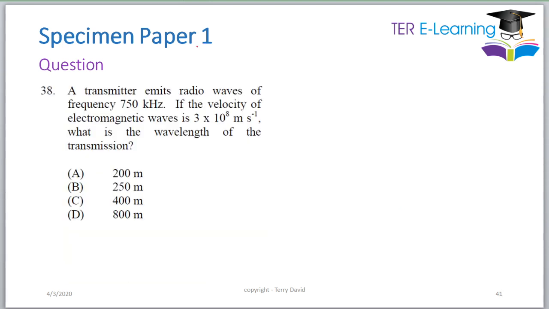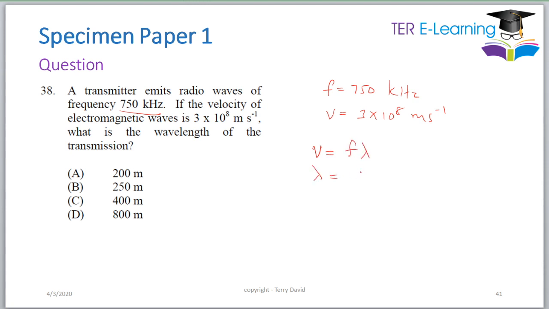Let's look at this one here. So we have a transmitter. It emits radio waves at a frequency of 750 kilohertz. So f is equal to 750 kilohertz. If the velocity of the EM wave, so we know v in this case is 3 by 10 to the 8 meters per second. And the question wants to know what is the wavelength. So we need to use v equals f lambda.